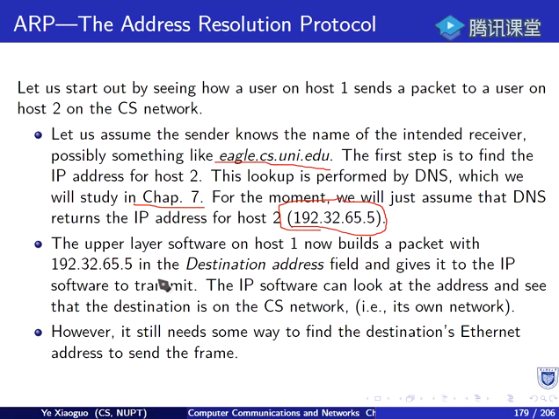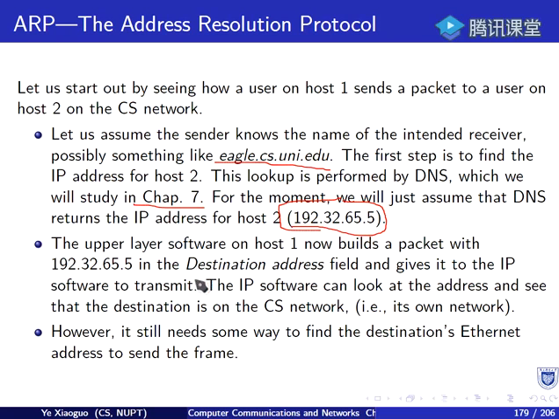The upper layer software on host 1 now builds a packet with this address, 192.32.65.5, in the destination address field, and gives it to the IP software to transmit.